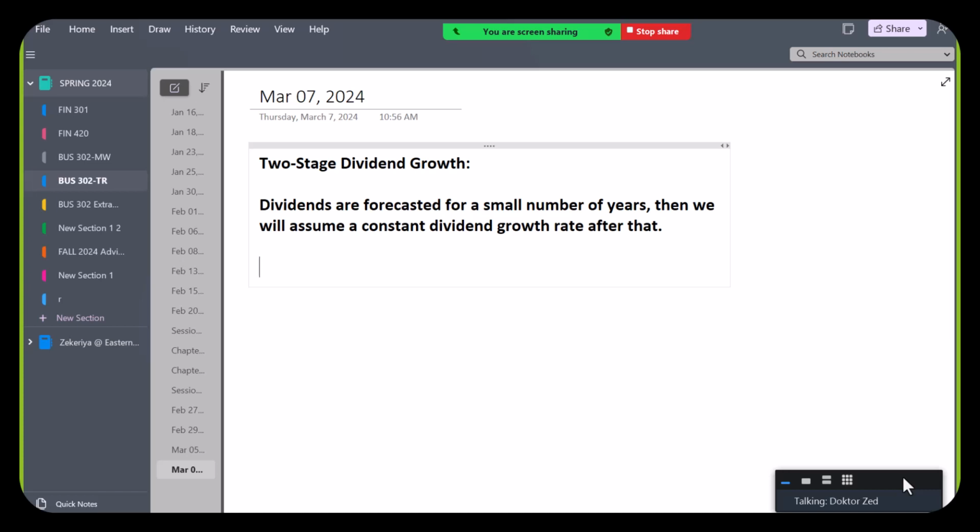We'll develop a template for this, but for now, let's do an example. Suppose the company is expected to pay $1, $2, $3, and $4 for the next 4 years.